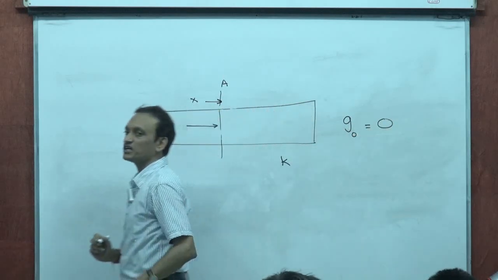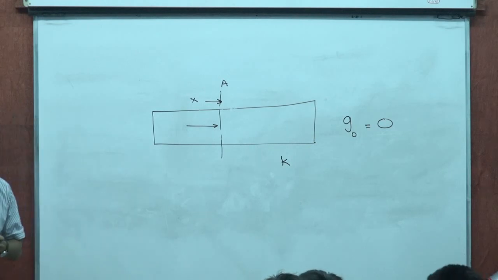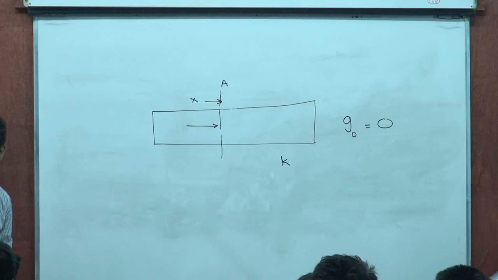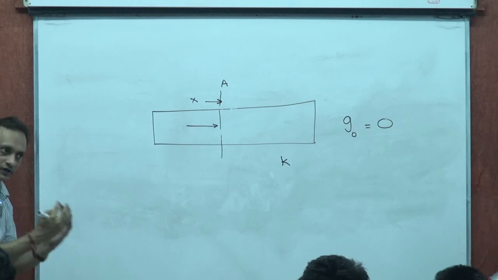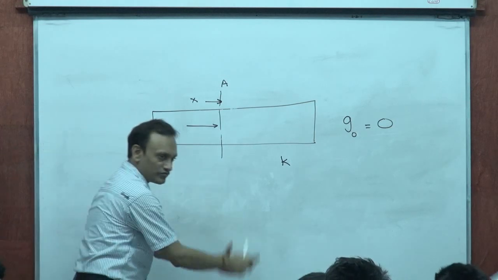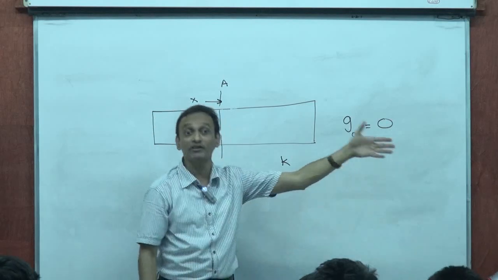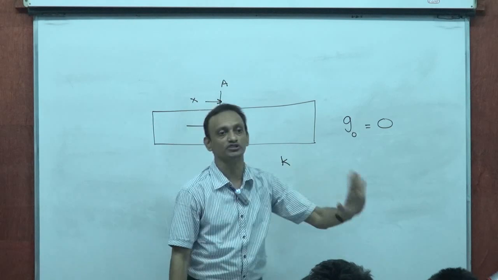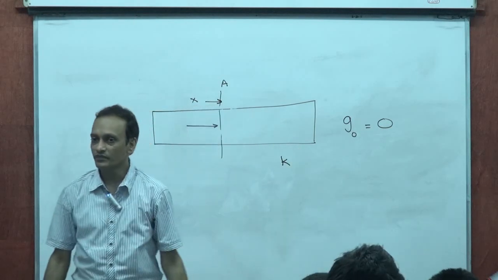One dimensional, heat flowing in one direction, so temperature would be a function of x alone. No internal heat generation, steady state conditions, area of cross section is a constant, K is a constant. That's the simplest form of the heat transfer problem.